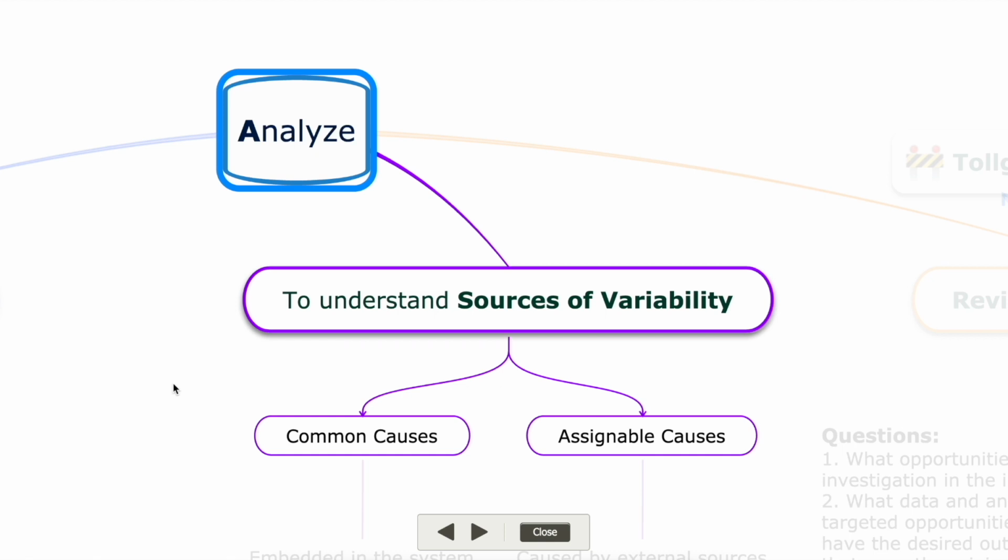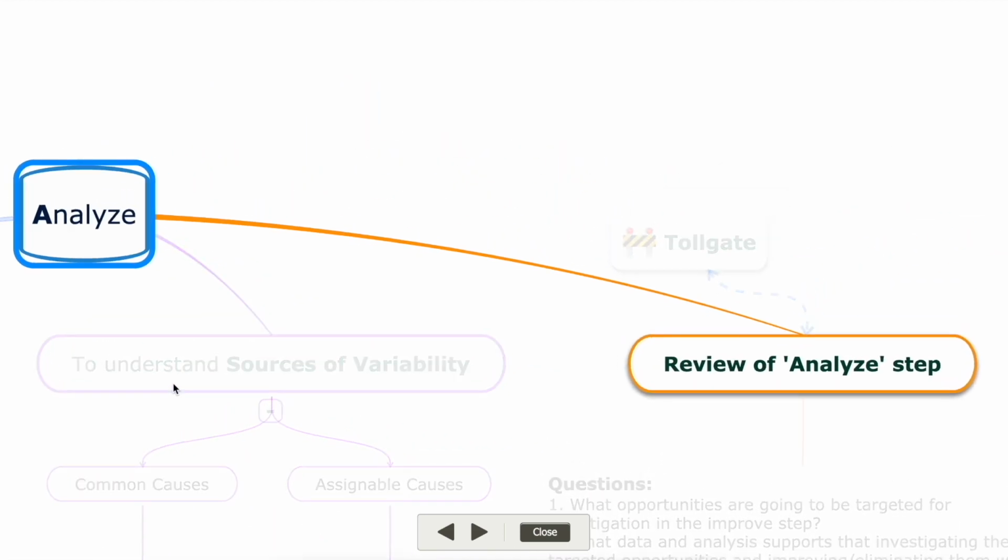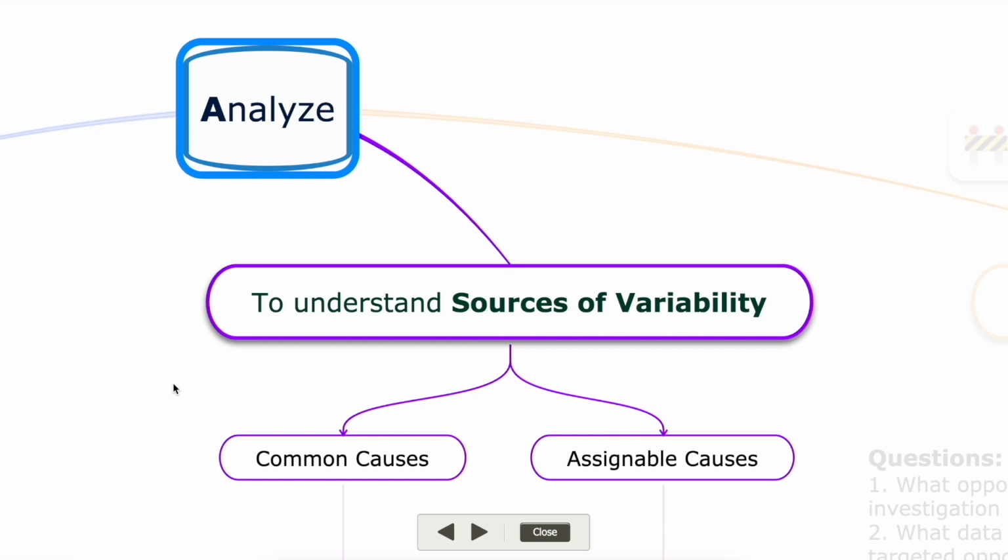The common causes are those which are intrinsic or embedded in the process, and the assignable are the ones which can be assigned or which are caused by some external sources. So in order to overcome the common causes which are embedded in the system, we need to make a change in the process.